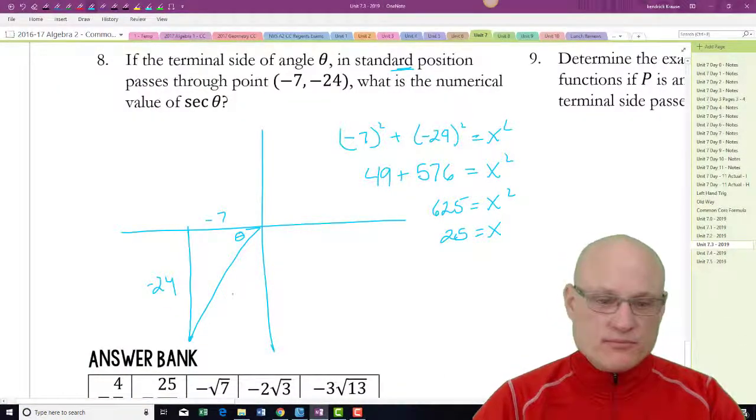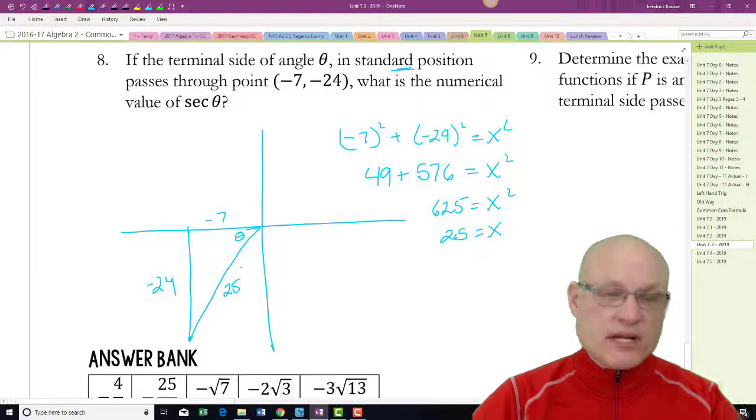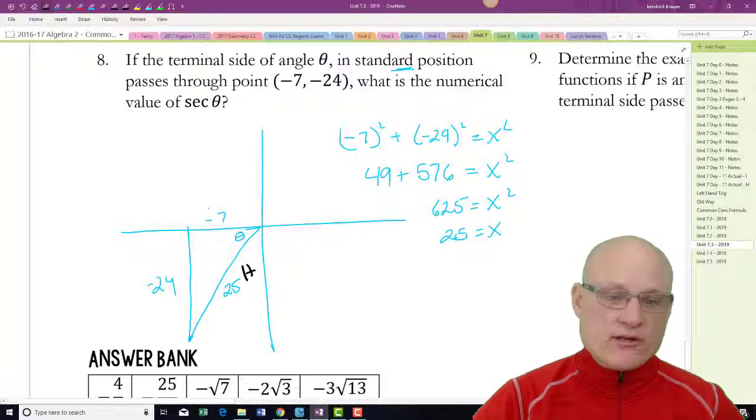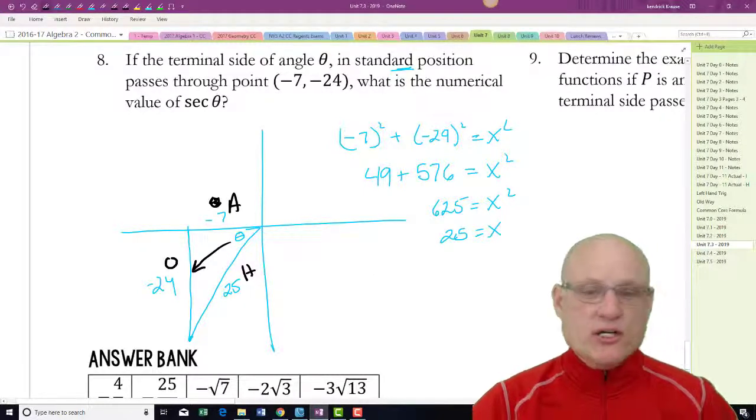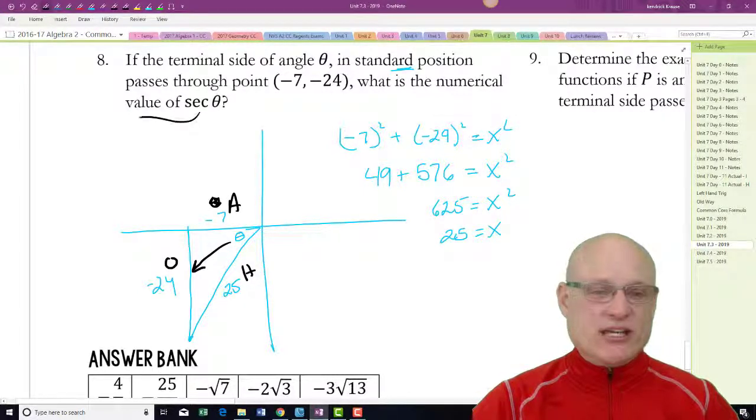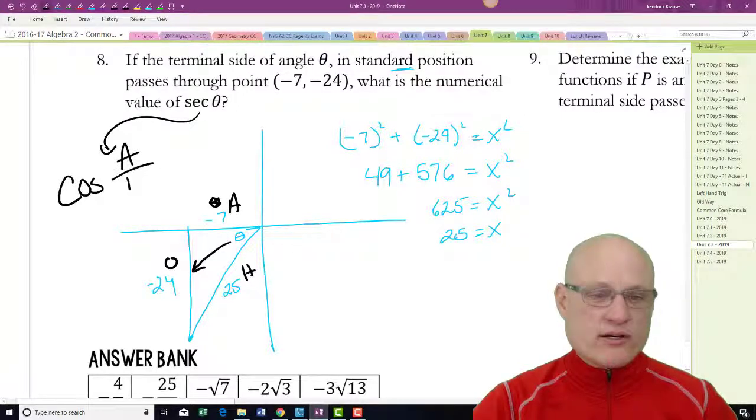All right, so my hypotenuse is 25. Now let me label it. Hypotenuse is h. There's the adjacent side. Remember, opposite the angle is the O. So secant goes with cosine, and cosine caught another hippie.